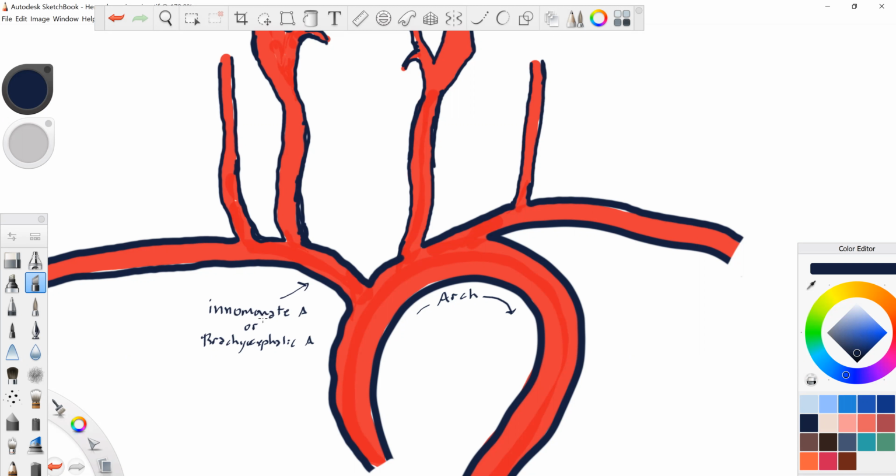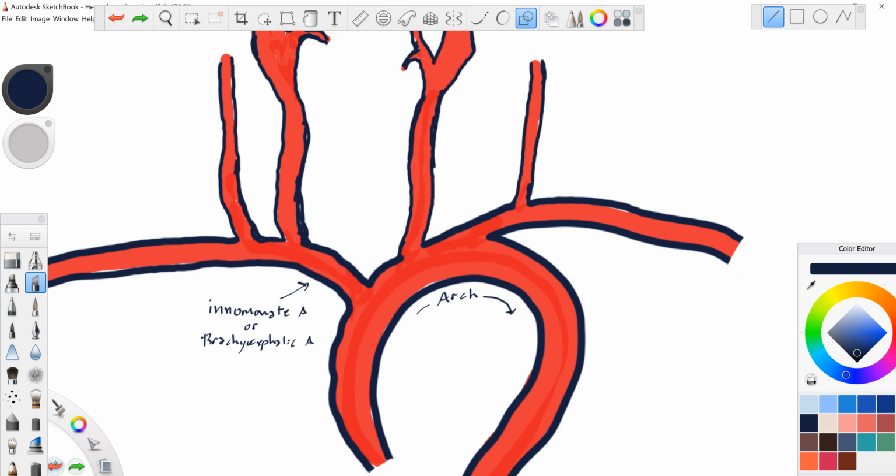It's only on the right side. I remember when we were scanning, we would bring our transducer down quite low and transverse. And if you got it down low enough, you would see a little bit of that brachiocephalic artery.